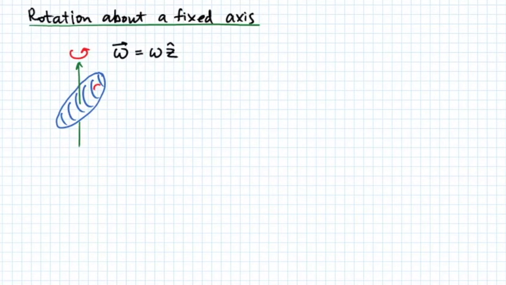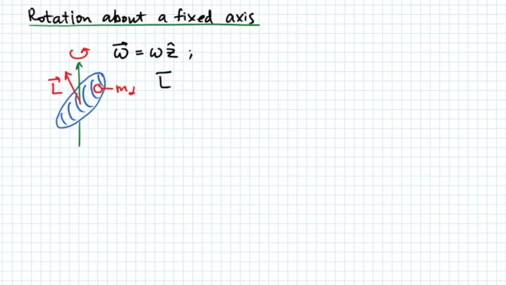The solid body, broken into little chunks m alpha, will have some total angular momentum. Now, ahead of time, we cannot assume that this angular momentum will be aligned with omega. So therefore, we'll show it to be generally pointing elsewhere.